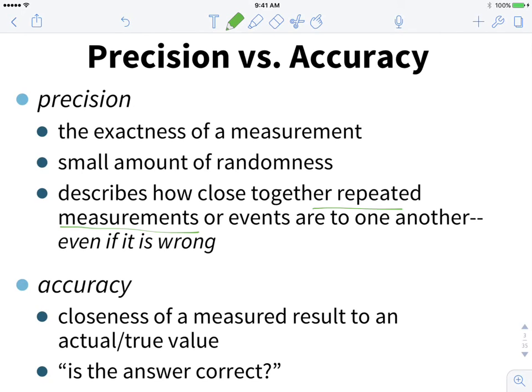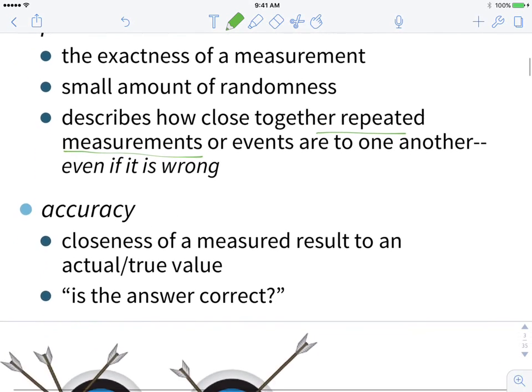You could be precise, and yet be inaccurate because your result may not be close to the true value. Is your answer correct? Well, you could be precise, yet inaccurate.